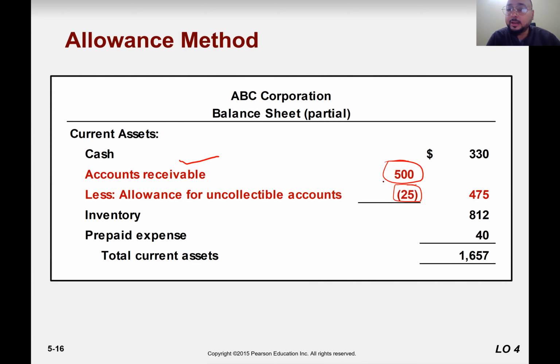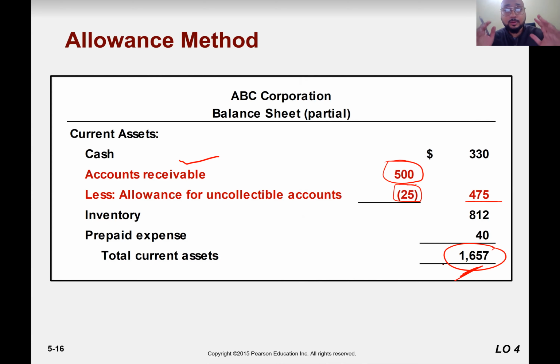So if we immediately decrease it, on the balance sheet you see 475, so that our planning is not disturbed. Our planning is that at the closing of 2021, our total assets would be 1,657, and then you manage accordingly and start the year with this kind of amount.